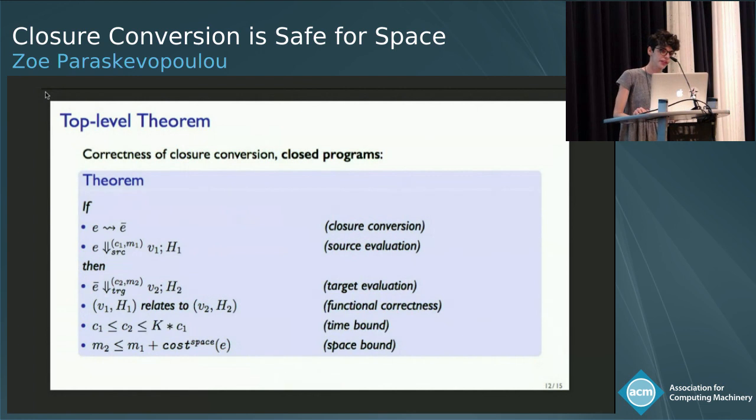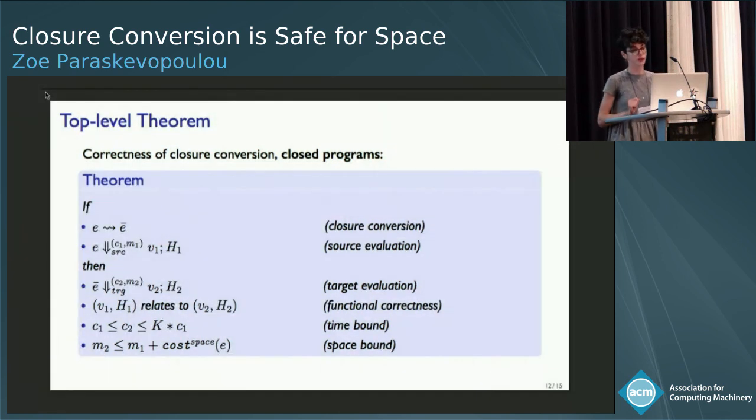Our top-level theorem says that if a program closure converts to some other program, and if the source program evaluates to some final value in heap, then the closure converted program will also evaluate to some final value in heap. The two final values in heap will be related to each other.